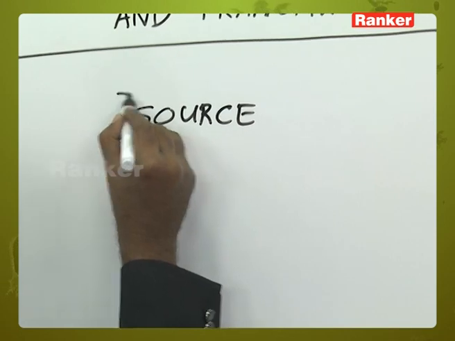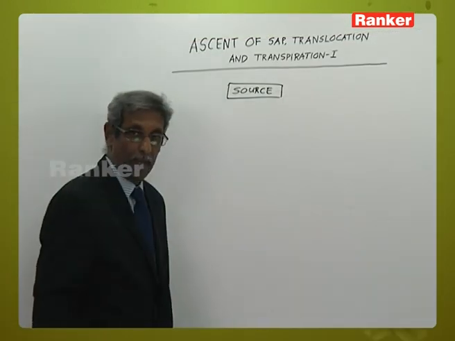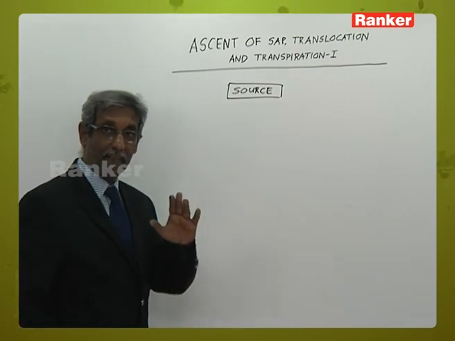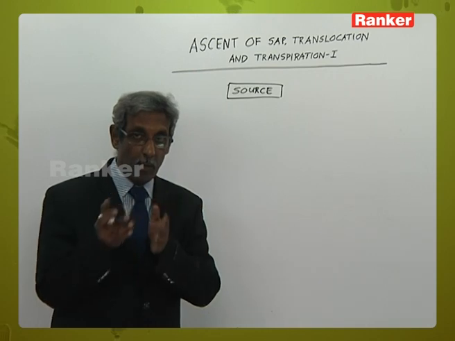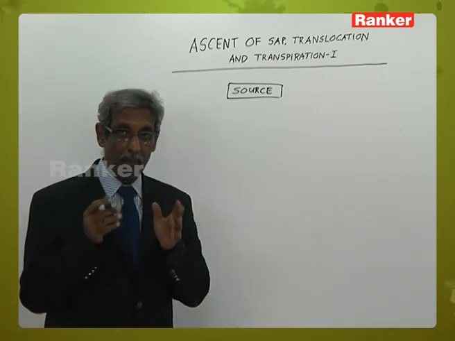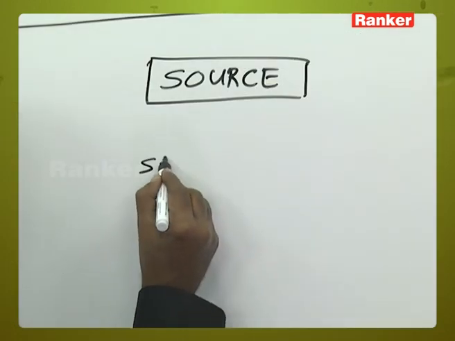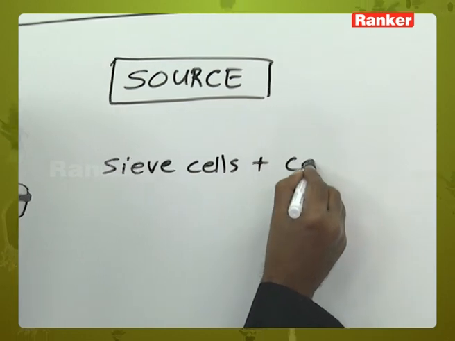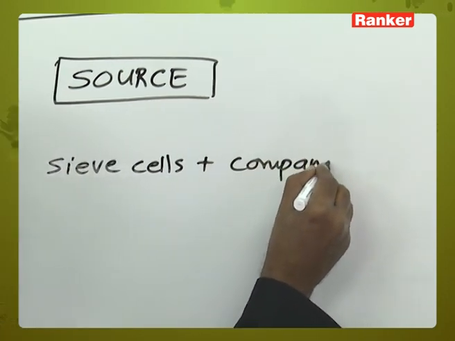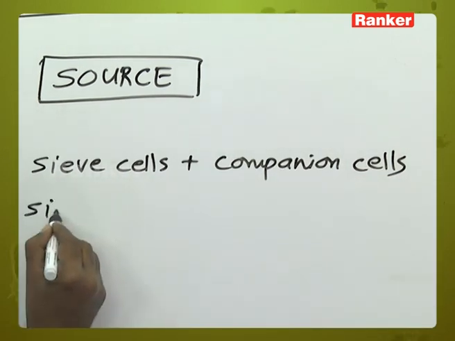Because this is a very important concept in translocation of organic substances. In the source, there is active loading, that is sucrose molecules get attached or moved to the phloem. So when you take the phloem, in the phloem we have the sieve cells and also the companion cells. We also have the sieve elements.